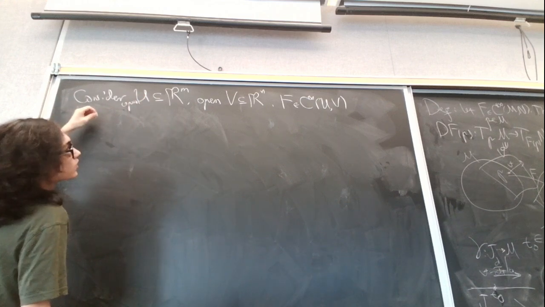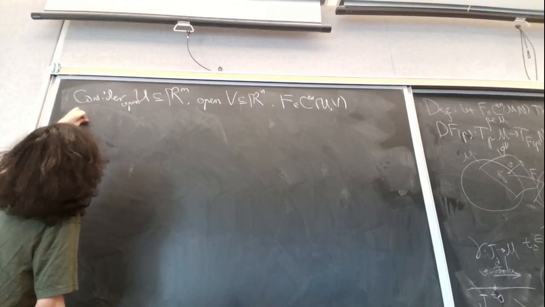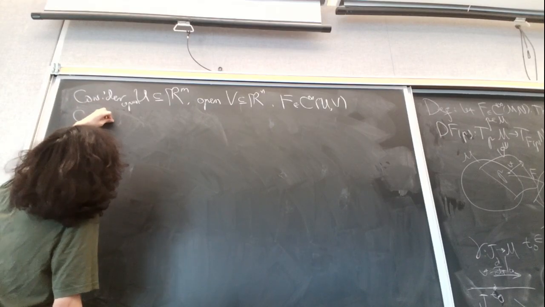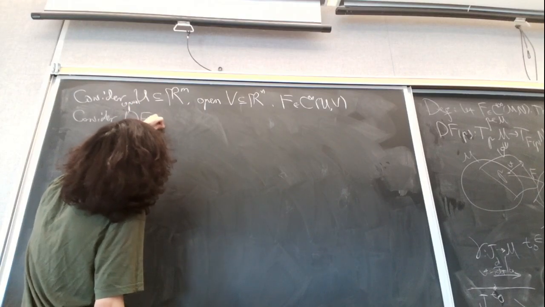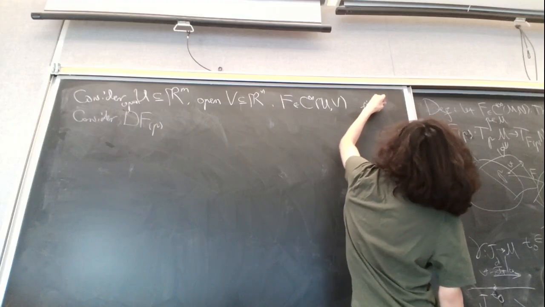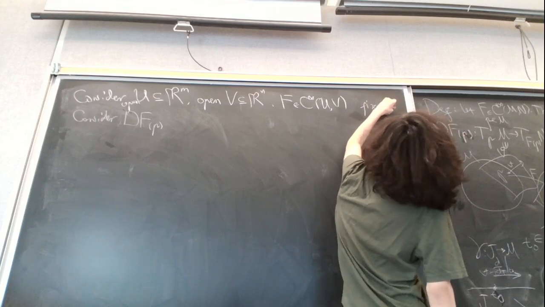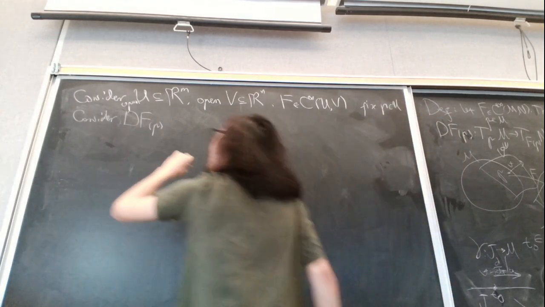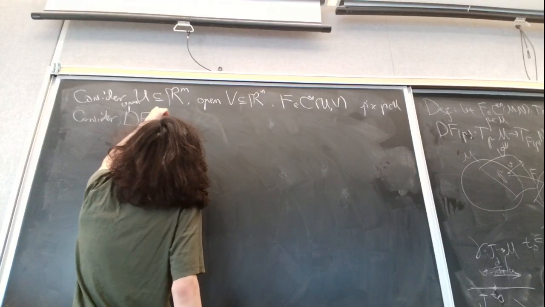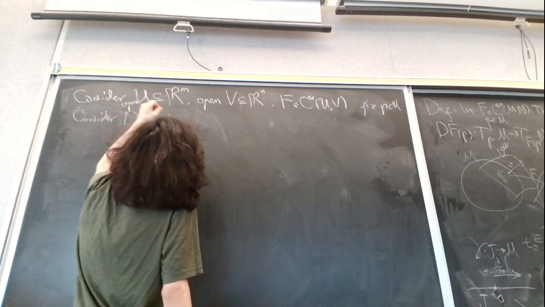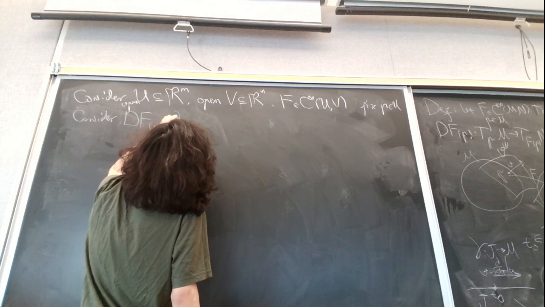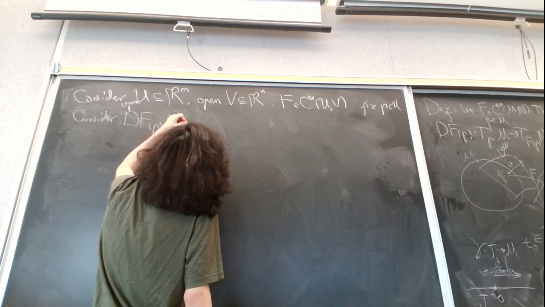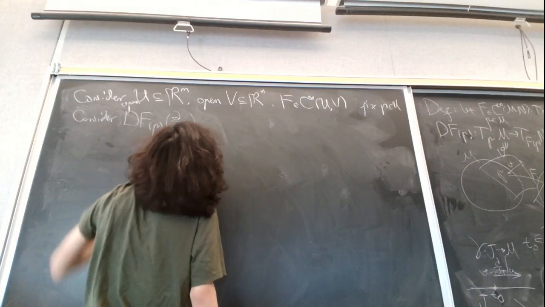So we're going to consider df of p, fixing p, applied to partial xj.